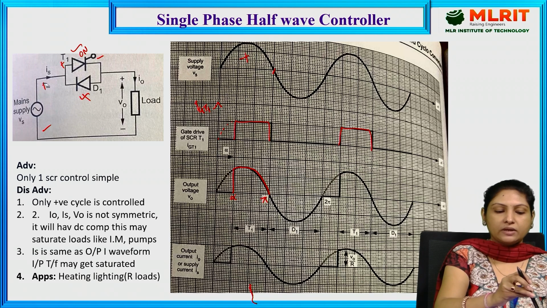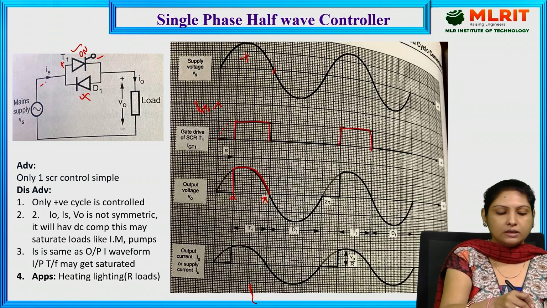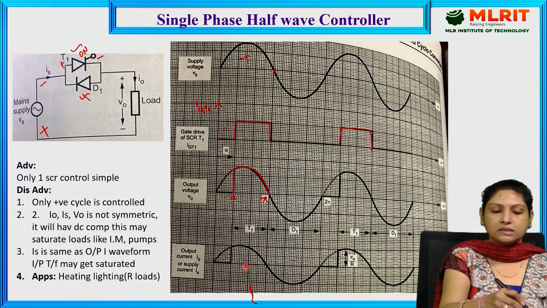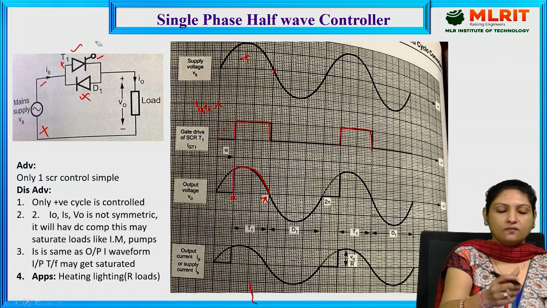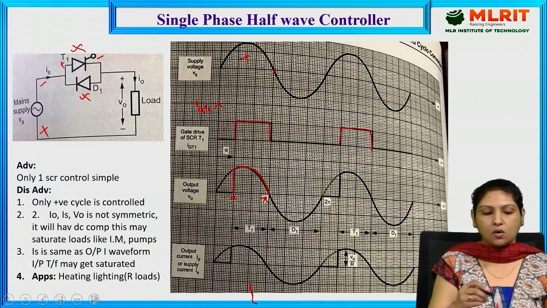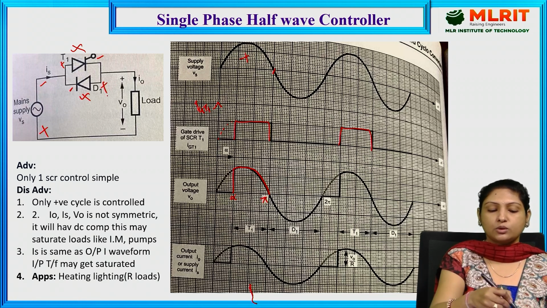And when the negative half cycle appears, the polarities across the circuit will be negative, positive. Because of such polarities, thyristor 1 will be turned off because the anode is becoming negative with respect to the cathode. T1 is turned off, whereas the cathode of the diode is more negative with respect to the anode.